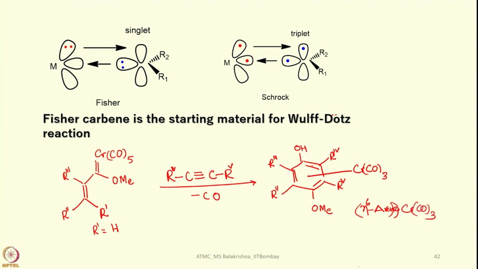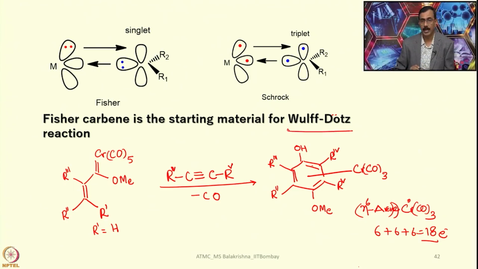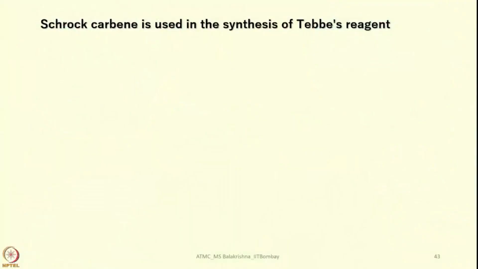This is an 18 electron complex because chromium is in the zero valent state, with 6 electrons we have and another 6 electrons coming, so it forms an 18 electron species here. This is the so-called Wolff-Dotz reaction, and that means the Fischer carbene is the starting material for this kind of reaction. Schrock carbene is used in the synthesis of a very important reagent, the Tebbe reagent.